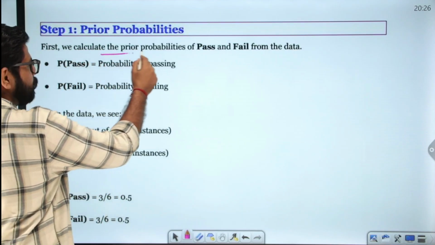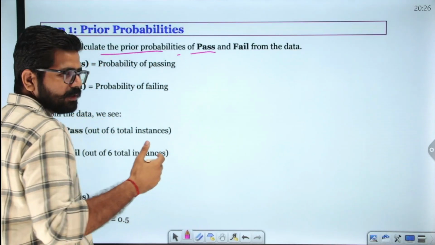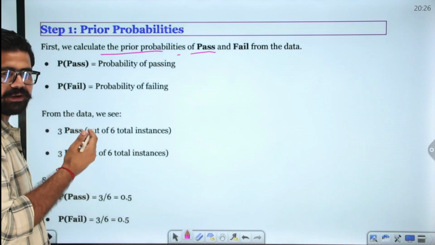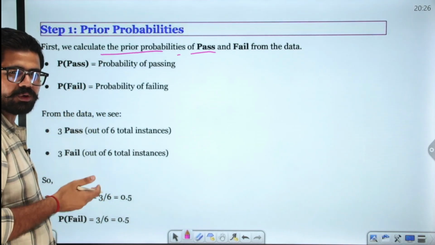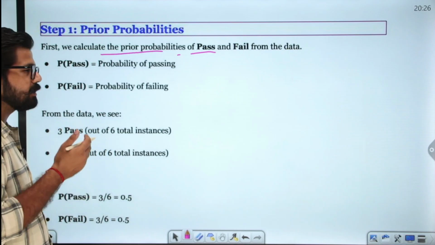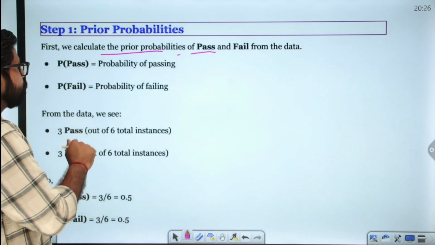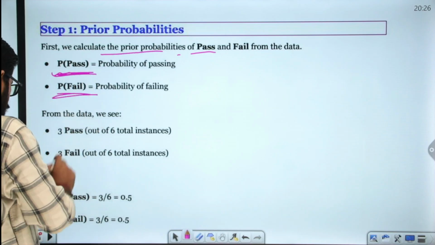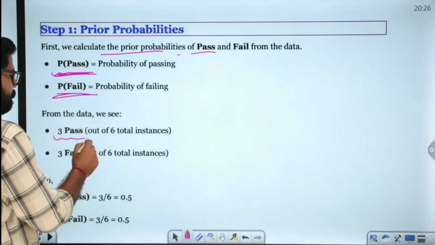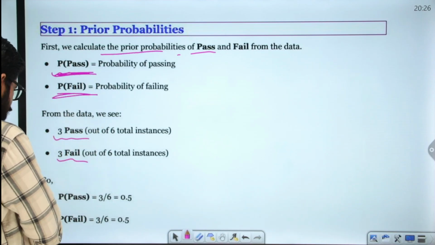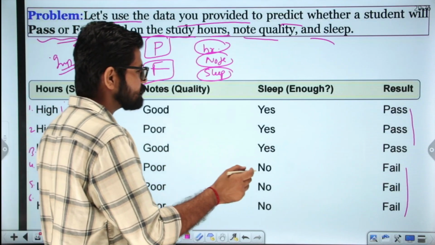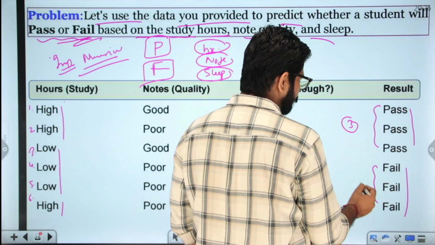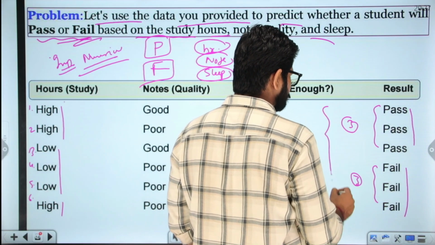So first you need to calculate the prior probability. I hope this is a very easy task, and these simple probabilities you have already calculated multiple times in your classes, even from 9th or 10th. If we need to find the probability of pass and the probability of fail, you simply say that there are 3 pass students and 3 fail students, and the total is 6.